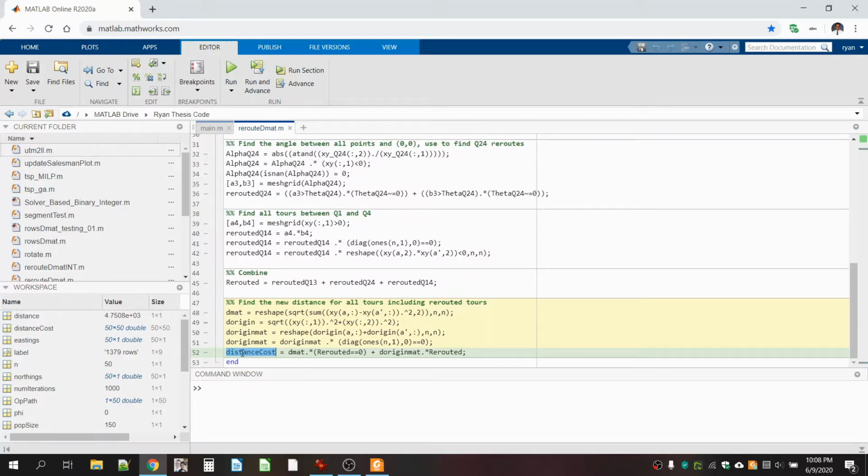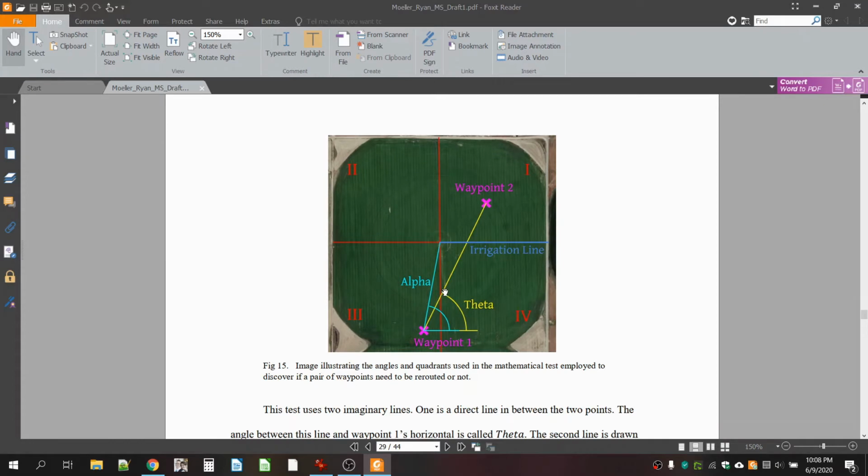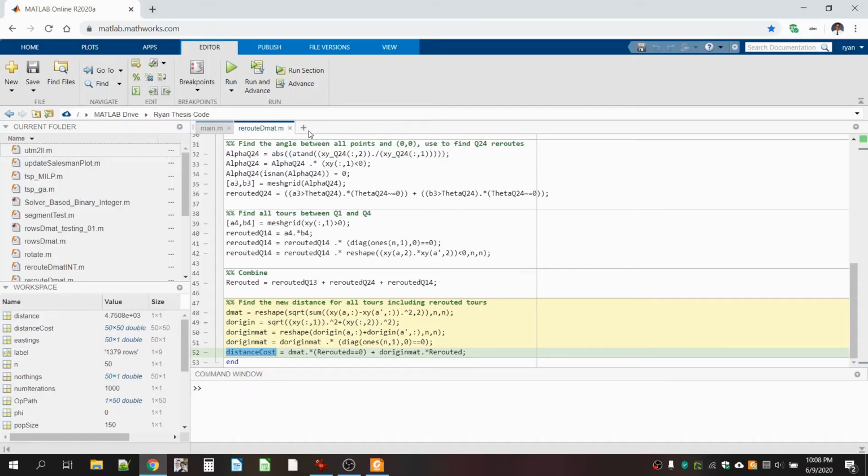So if you have 50 potato plants, it's 50 by 50, and it's going to have your distance between every single waypoint with every other waypoint. But if that distance crosses the irrigation line, it's changed to the distance from one point to the origin to the other point. Okay, so that's reroute DMAT. That's what that's doing.